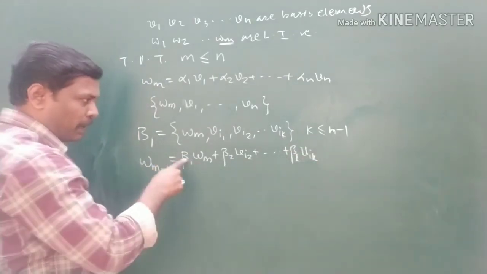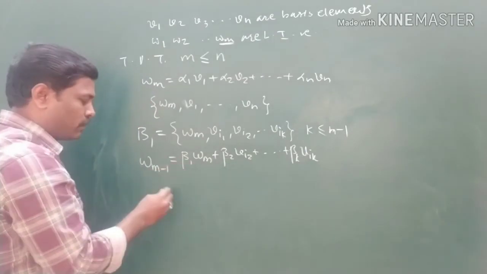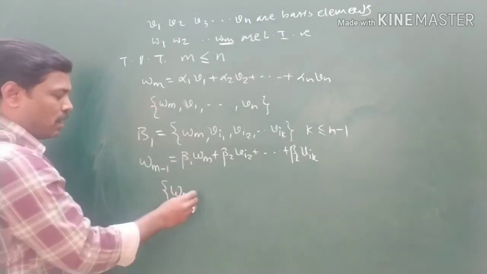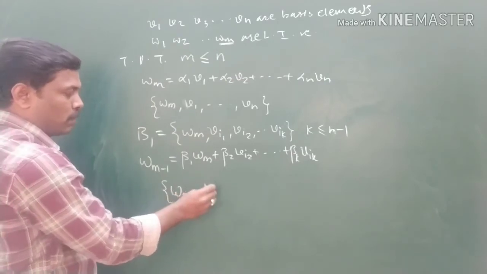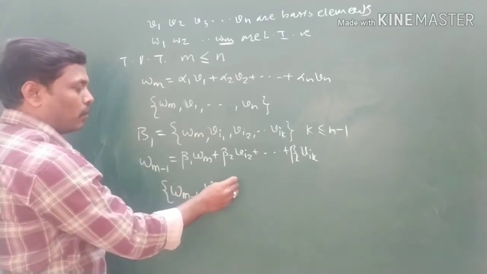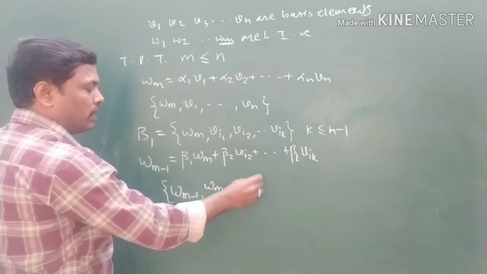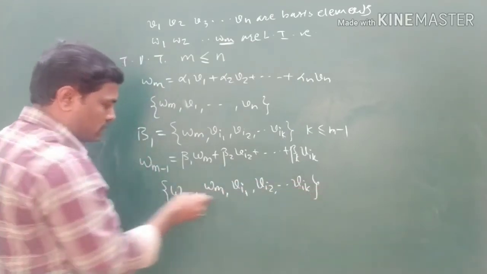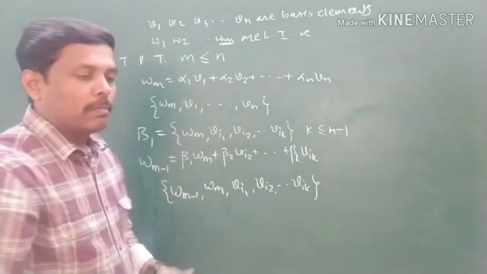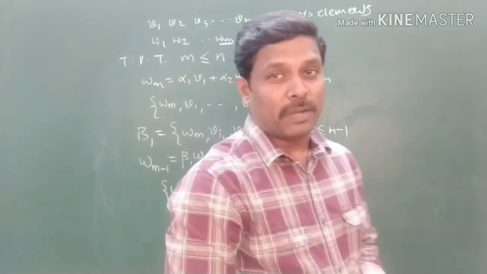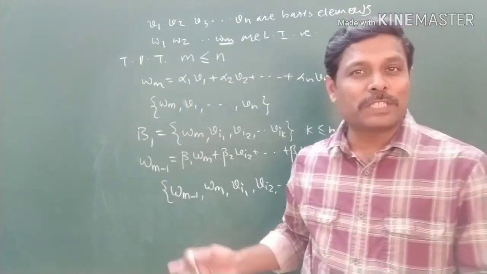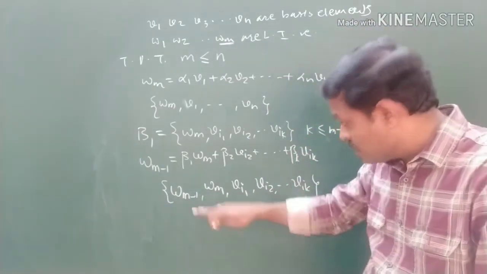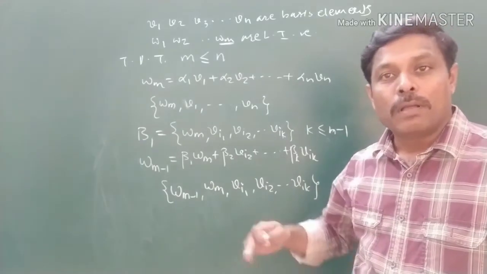Now this depends on all these vectors, therefore again this set, W_{m-1}, W_m, V_i1, V_i2 and V_ik, becomes a set of linearly dependent vectors, and therefore it spans vector space V, and therefore a proper subset of this set will again become a basis.